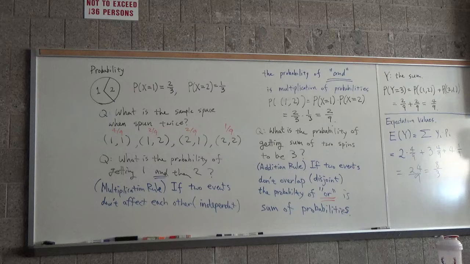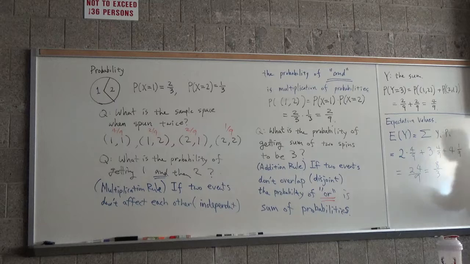Would you play this game? The answer is no, because this is 2.67. You get about $267 on the average if you play this over and over. That's the expected value, because I'm thinking of 1 as 100, so you multiply by 100. So it'll be 267. So you'll be losing about $33.